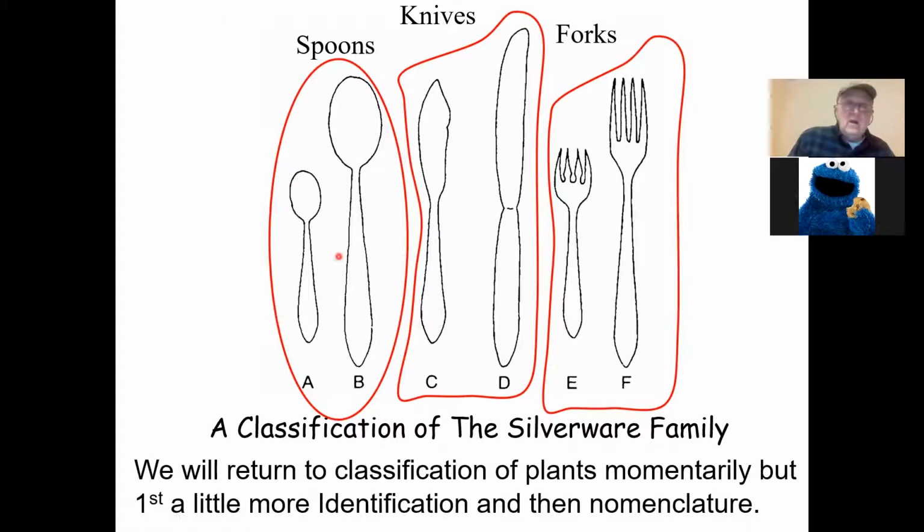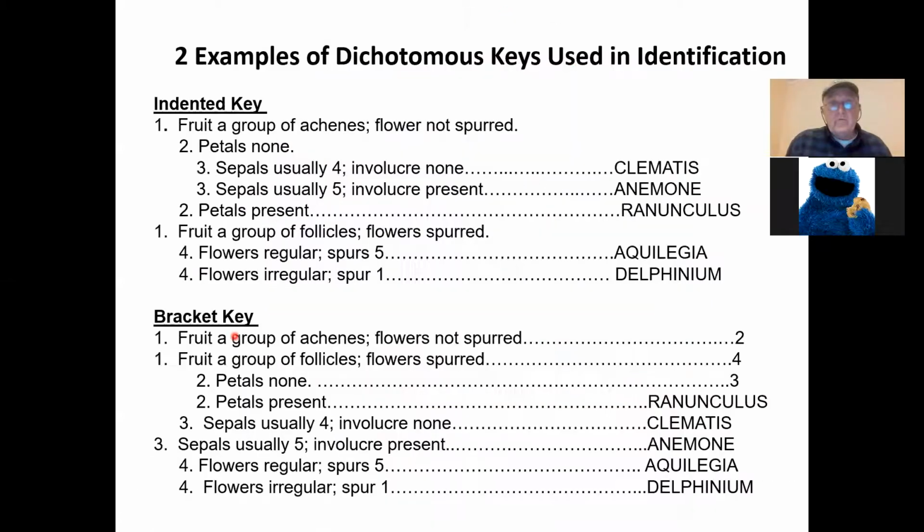Okay. This returns us back to that Zim statement about every definition having two good parts, one that classifies and one that identifies. When you identify something, the common vehicles that are used are dichotomous keys, and they usually take the form of indented keys or bracket keys.